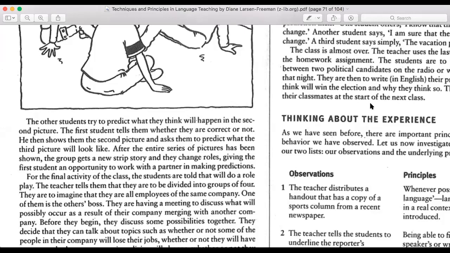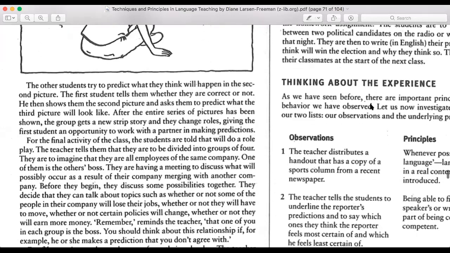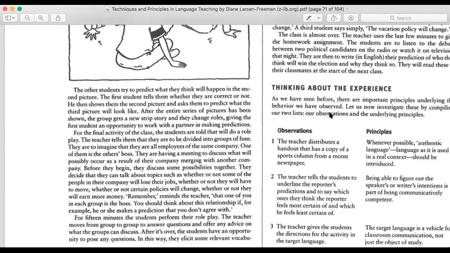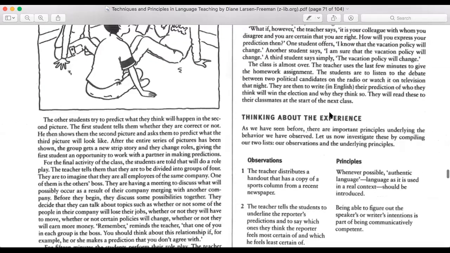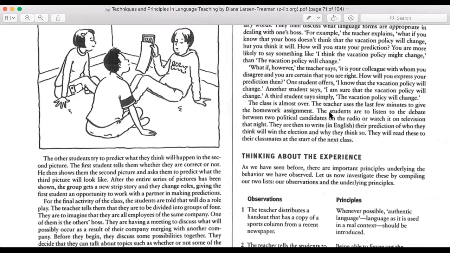So now finally, the 6th activity related to CLT is the role play. The teacher tells them, they are again working in groups. So the teacher tells them that one of the group members is the boss, and the rest of the group members are the employees of the same company.